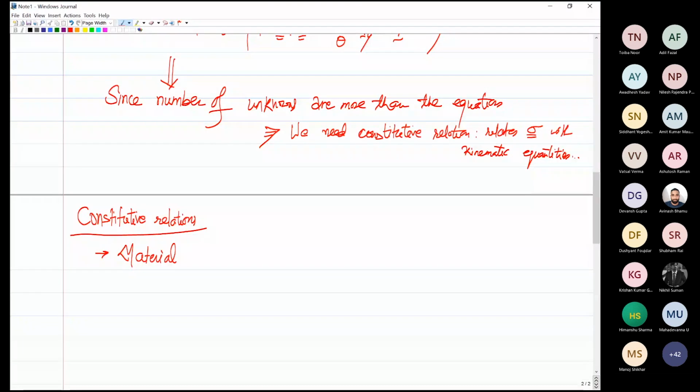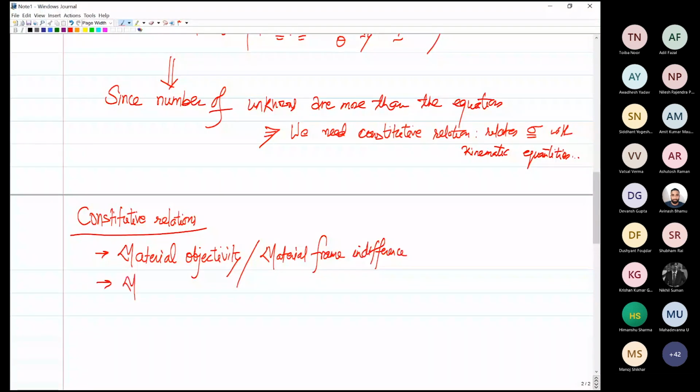One is material objectivity, or material frame indifference. We'll discuss what this is. Then we have what is called material symmetry. We'll discuss each of these topics in detail in the following lectures.